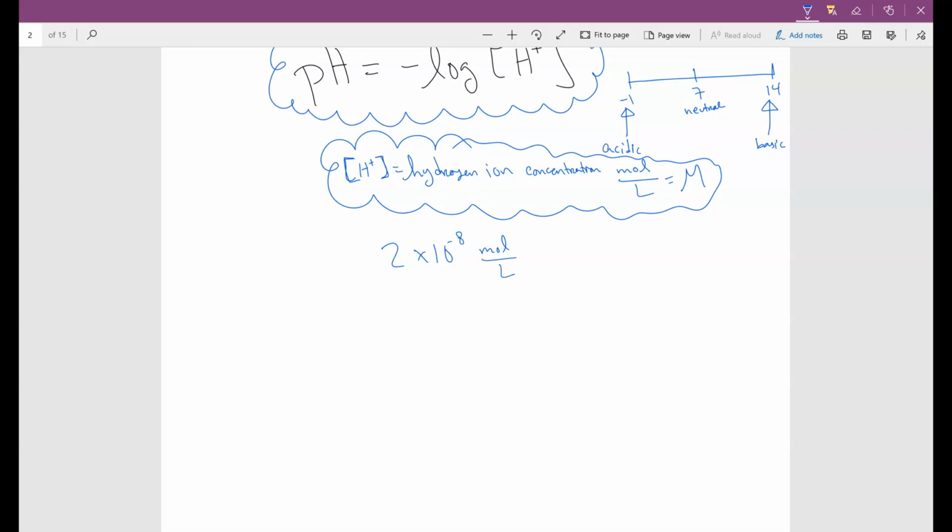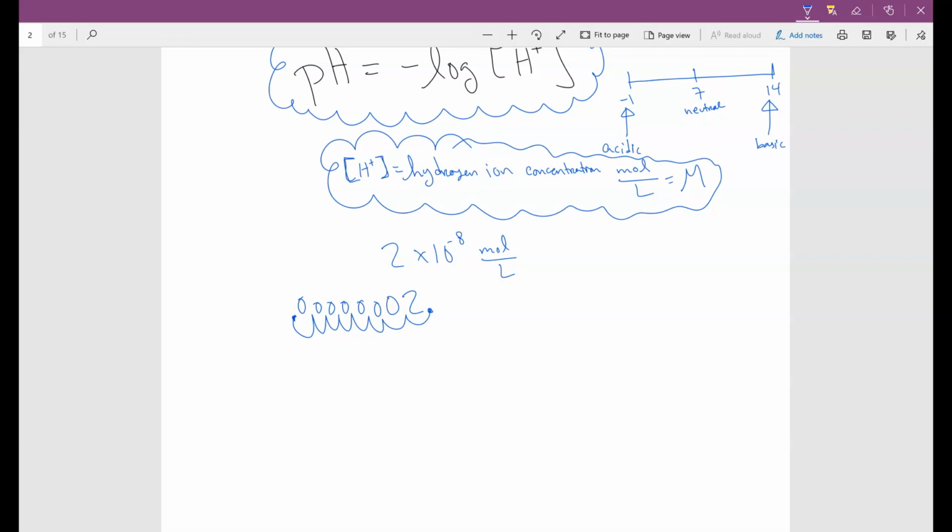The negative 8 means that if you have a 2 here, the decimal is here, and you're going to move it 8 units to the left. So you go 1, 2, 3, 4, 5, 6, 7, 8, and in between those spaces, you write zeros. So the concentration is 0.000000002.